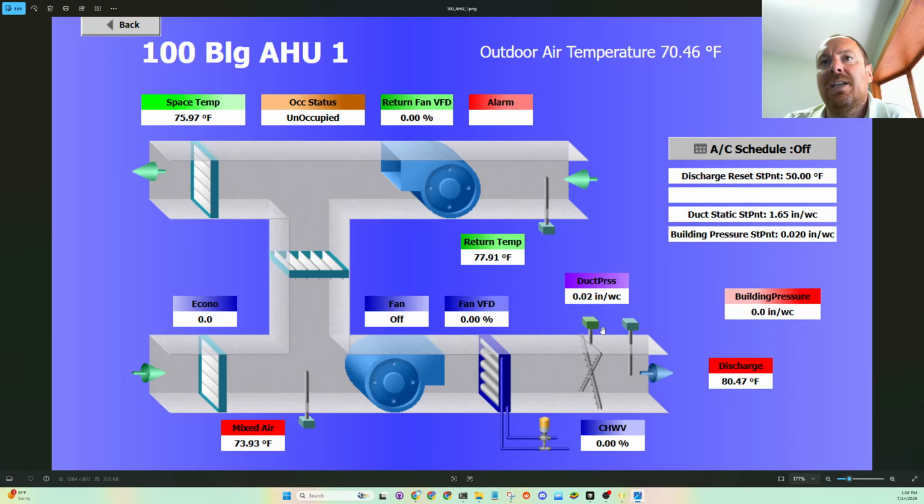They're just maintaining a constant 1.65 inches water column, where there could be some optimization in resetting the duct static pressure.